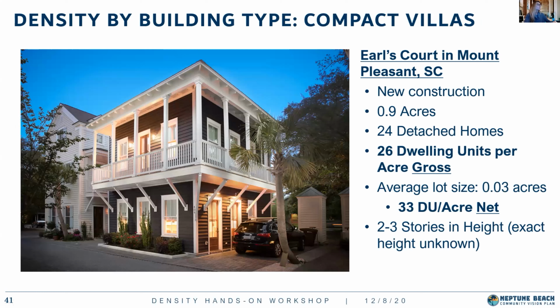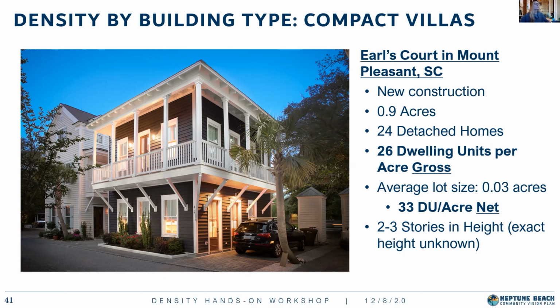So another building type is a compact villa. These are also detached single-family homes. And this is an example called Earl's Court from Mount Pleasant, South Carolina, just by Charleston. This project in particular is a group of 26 compact villas.